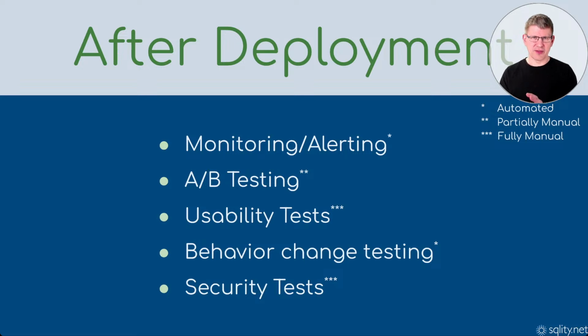Maybe the user interface didn't change, but that feature is now still used significantly less frequently. That might point to a functionality or performance issue. So it's a good idea, if you can write the application in a way to make that happen, to monitor behavior changes after deployments.